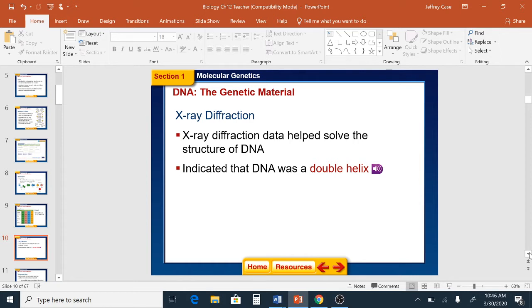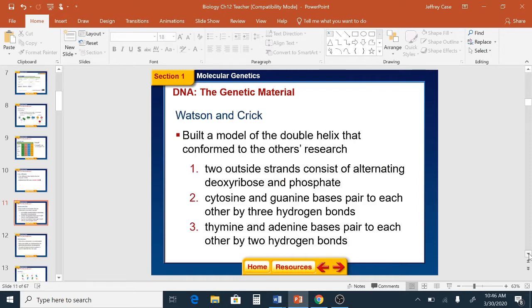X-ray diffraction. X-ray diffraction data helped solve the structure of DNA. Indicated that DNA was a double helix, and that's pertaining to the actual physical shape of it. Watson and Crick built a model of the double helix that conformed to the other's research. So a few things here.